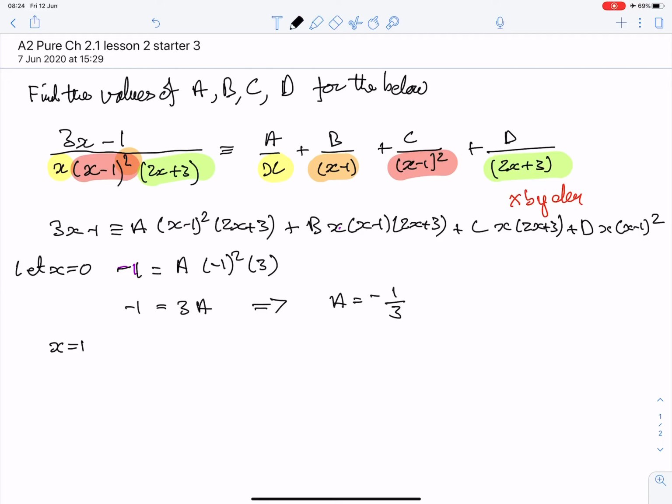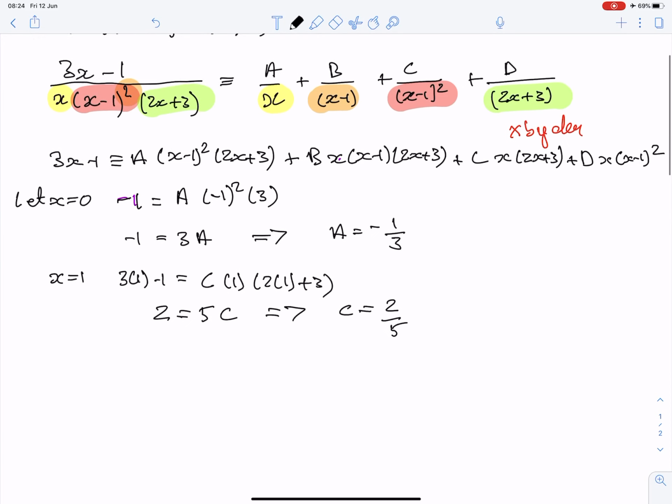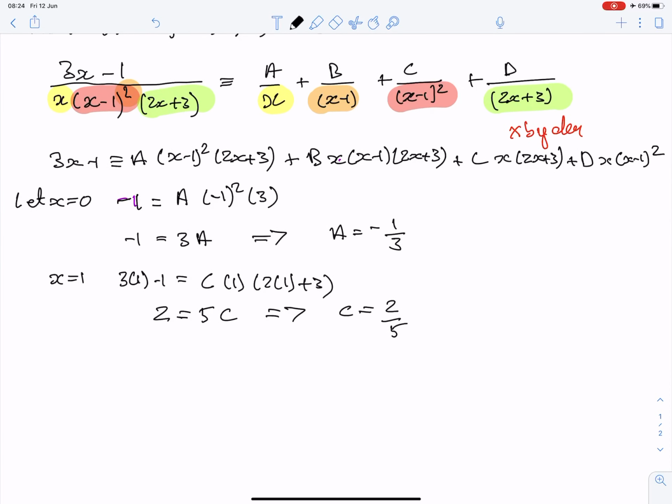Putting that in gives 3 lots of 1 minus 1 equals 0 lots of A, 0 lots of B, C lots of 1 times 2 lots of 1 plus 3. So that gives 2 equals 5C, which implies C equals 2/5. Not too bad so far.